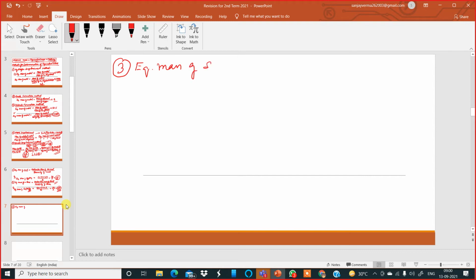Whatever salt you take, sodium chloride, potassium chloride, sodium carbonate, any salt, the formula for the equivalent mass of a salt is the molecular mass of the salt divided by the total positive or negative valency.